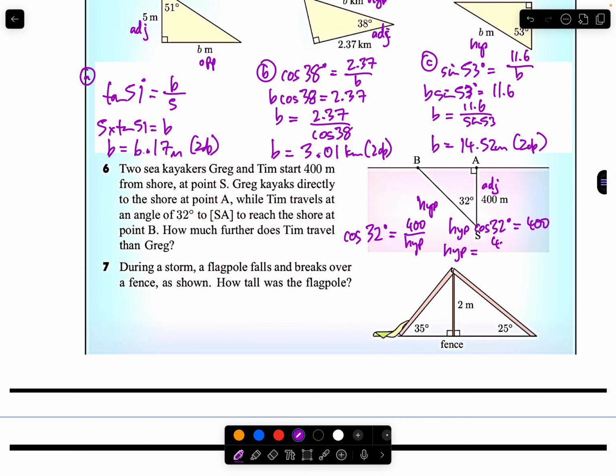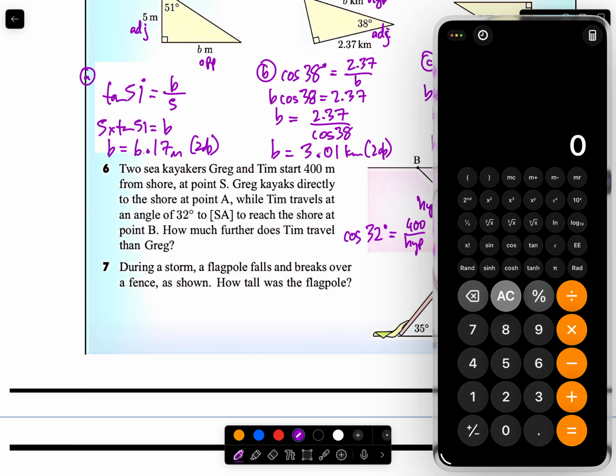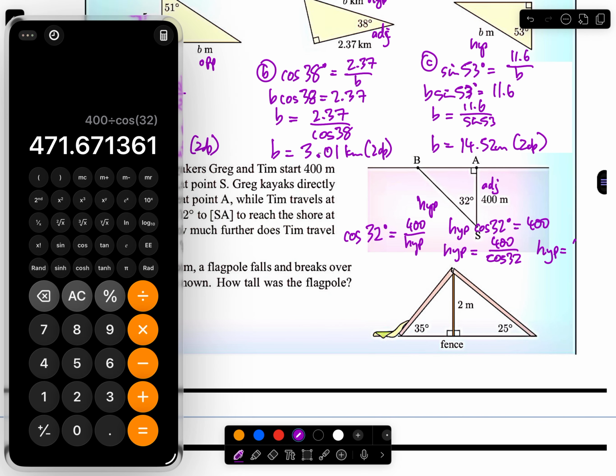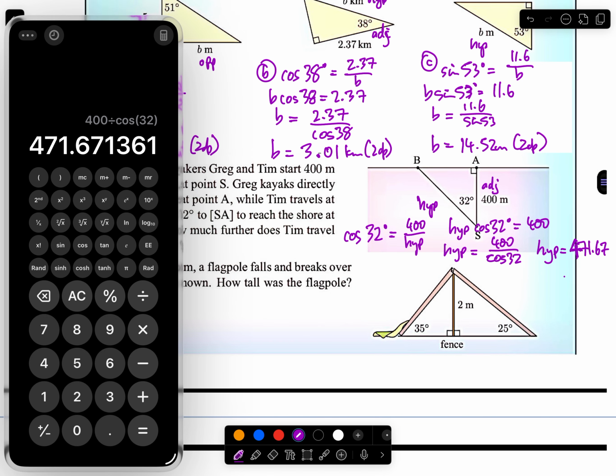Hypotenuse is going to be 400 divided by cos 32, which is 471.67. What units is that? Meters, rounded to 2 decimal places.